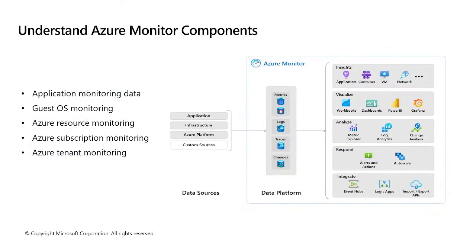Then let's move on to the components of Azure Monitor. We just said Azure Monitor, but there are lots of things we can actually monitor using it. There are lots of components. When it comes to monitoring applications, let's say our application is running within Azure and we want to monitor it, then we leverage what we call Application Insights.